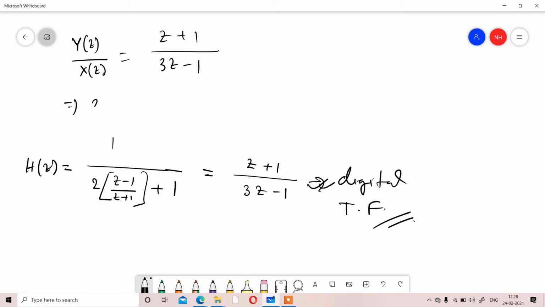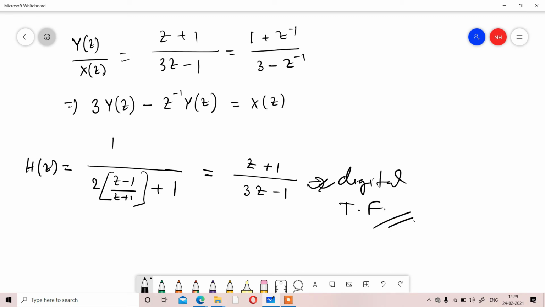So if we simply multiply with the values, that will be (1 plus Z inverse) by (3 minus Z inverse). If you simply cross multiply, it will be 3Y(Z) minus Z inverse Y(Z) equal to X(Z) plus Z inverse X(Z).